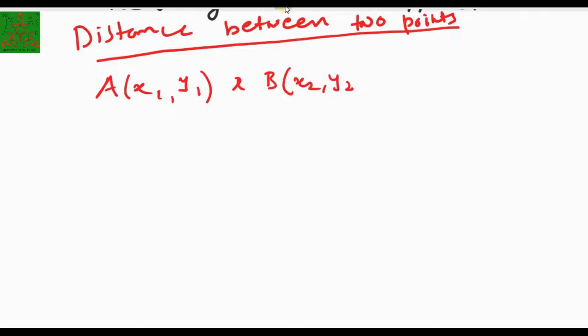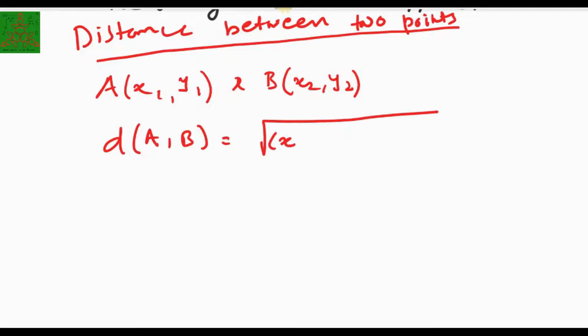If two points are given to you, then you know that the distance between A and B is the square root of (x1 minus x2) squared plus (y1 minus y2) squared. And you can observe that (x1 minus x2, y1 minus y2) is z1 minus z2, as we discussed in my previous video.